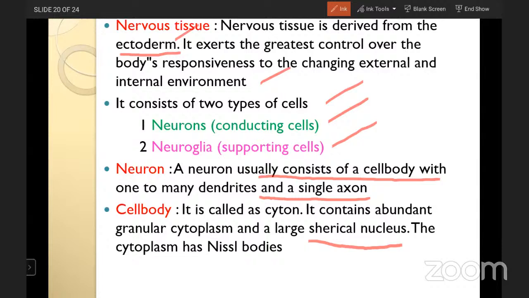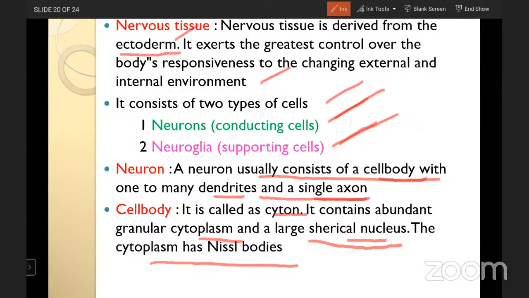Neurons, meaning conducting cells, and neuroglia, meaning supporting cells. A neuron usually consists of a cell body with many dendrites and a single axon. The cell body is called the cyton. It contains abundant granular cytoplasm and a large spherical nucleus, and the cytoplasm has Nissl bodies.